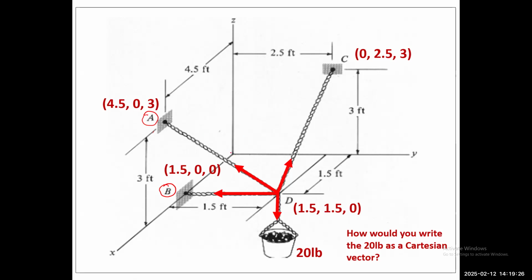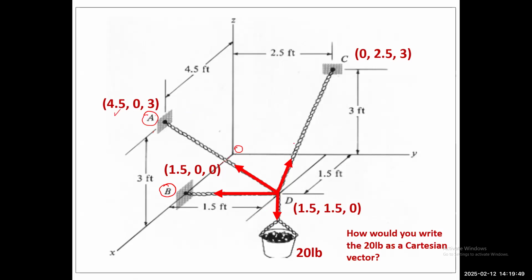Where is 0? The origin is right here. In the x direction, A comes right across here, 4.5 up to here, along the x. That is why we get that value.